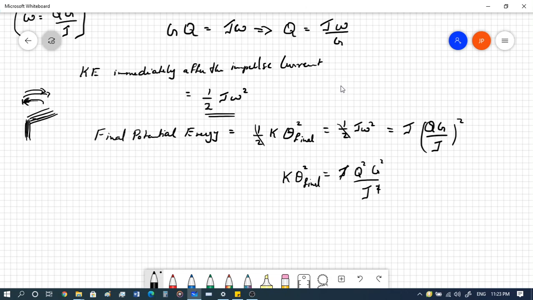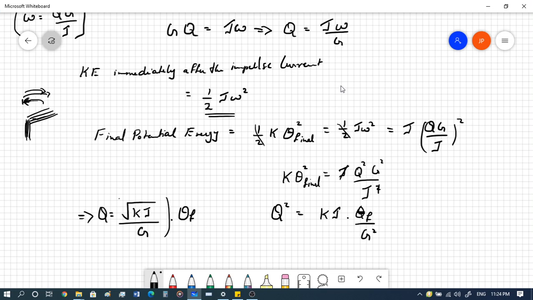From here we can find Q. Q square is equal to, we can take the J and the G square to the other side, so k J into theta f square by G square is equal to Q square, or you can write Q is equal to root of kJ whole divided by G into theta f.